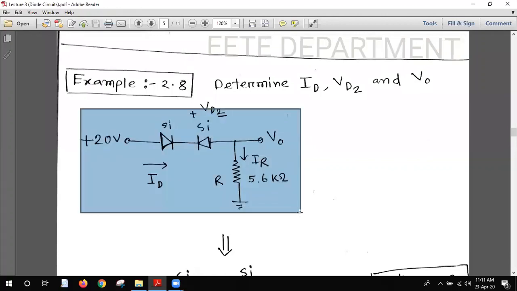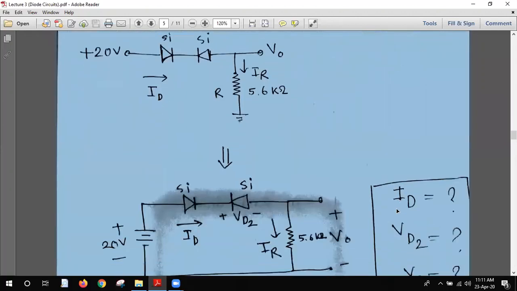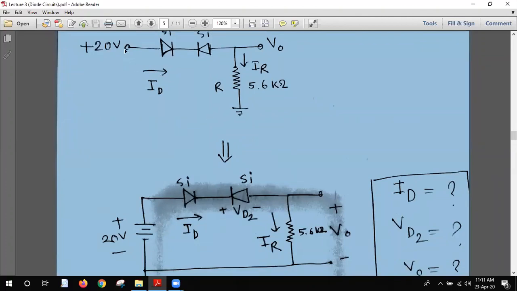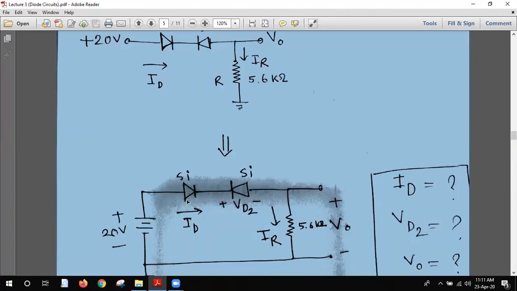Now we will redraw this circuit as a bigger one. I'm just showing the 20 volt in this direction and also the V output in this direction. There is no change. You see that there are two diodes, one voltage source of 20 volt and one resistance.